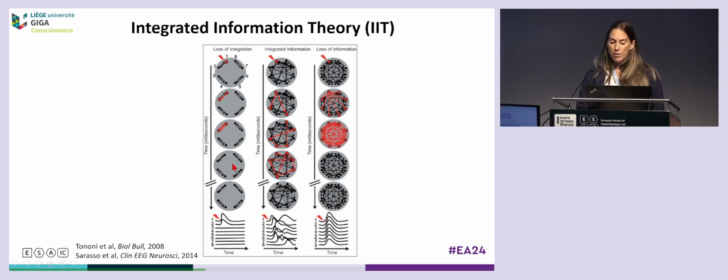So most of the other part of the system doesn't have any information, and so there's no integration and no consciousness. On the other side, you can have a system that is integrated, as you see here on the right. However, the response will be the same everywhere. It's stereotypical, and so that doesn't allow any consciousness.